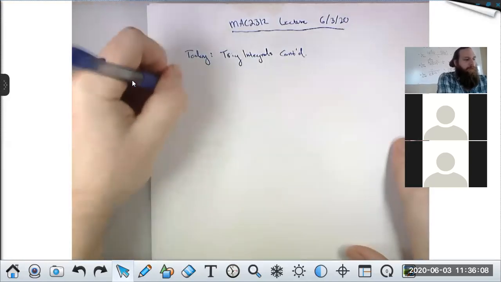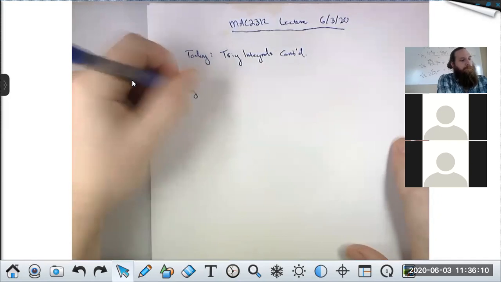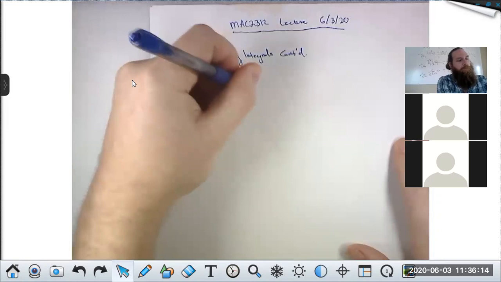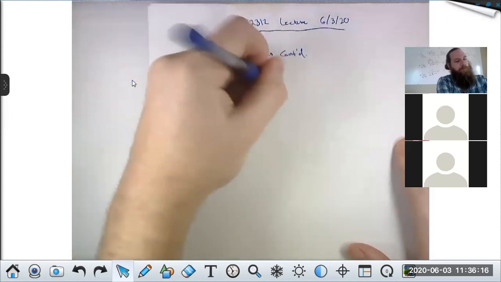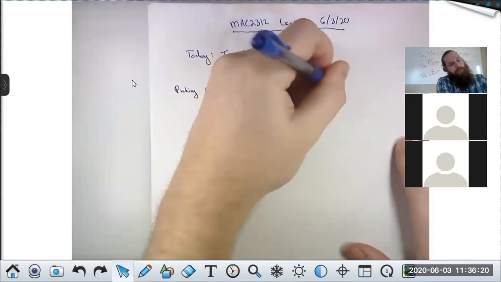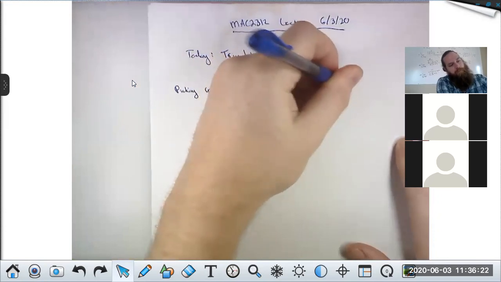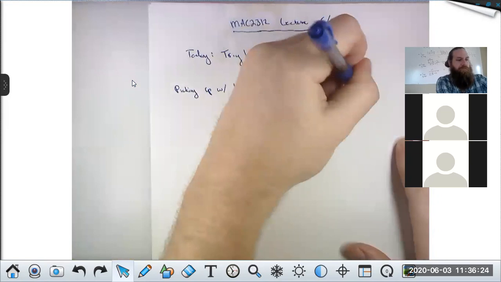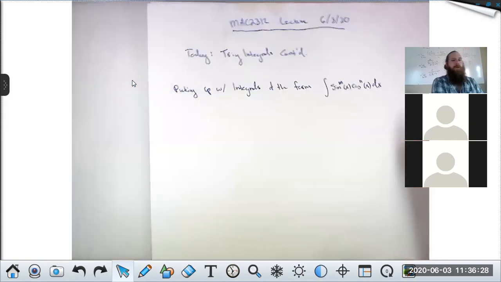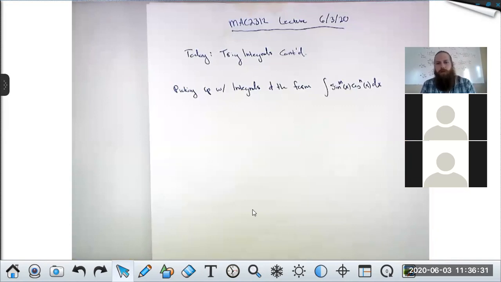So picking back up with integrals of the form, or you can use the variable x or theta. I think we're actually using the variable theta on Monday, but of course it doesn't make a difference.